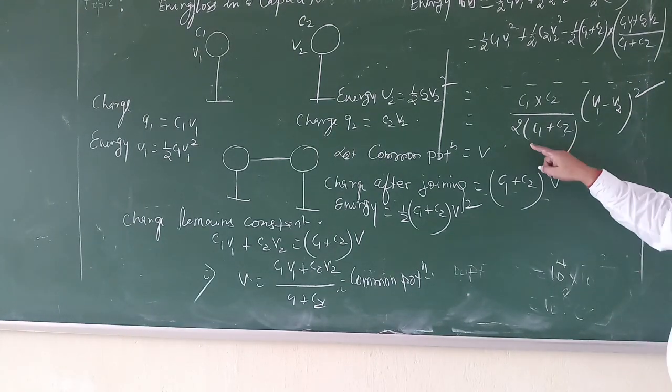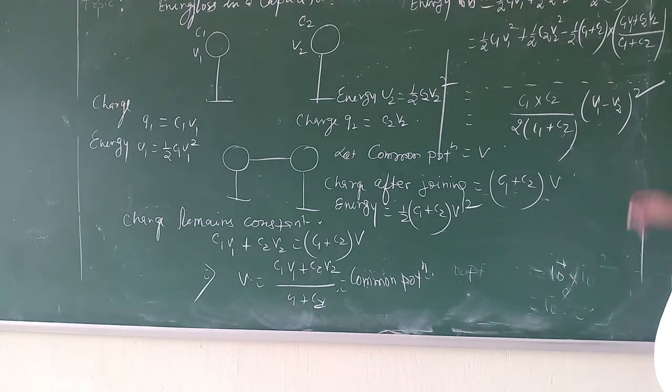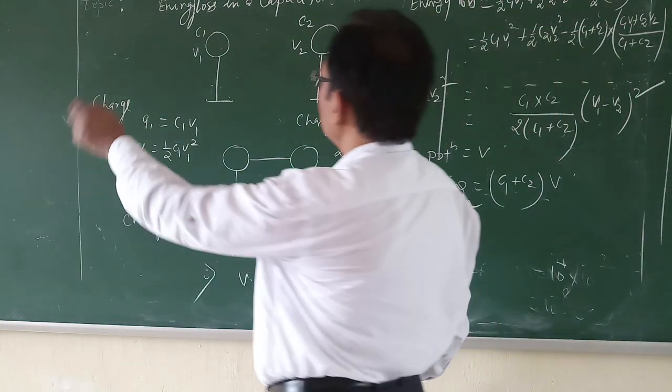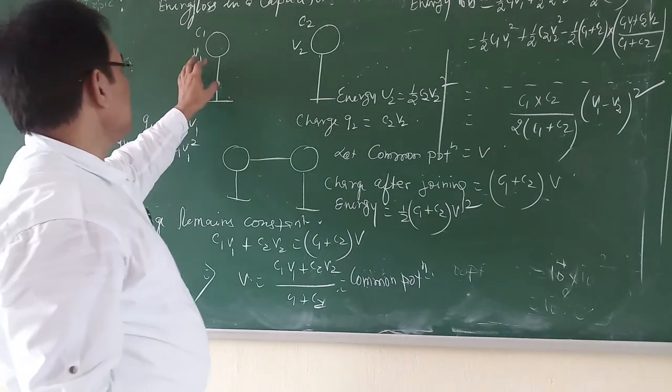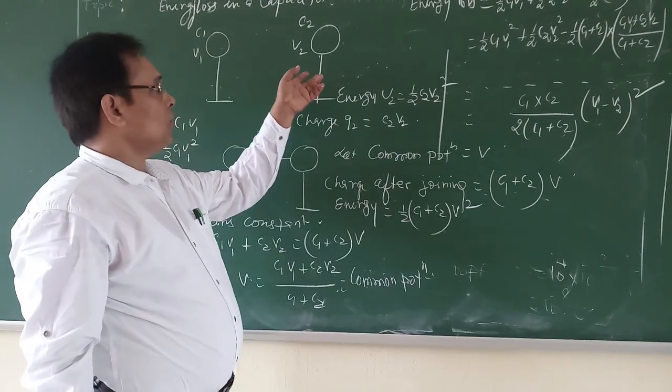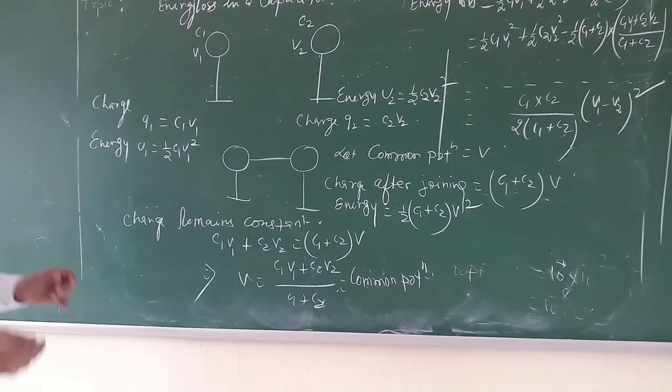So this is the energy loss in a capacitor. Energy loss delta U equal to C1 C2 by 2 into C1 plus C2 into V1 minus V2 whole square, where C1 and C2 are the capacitance of the two capacitors, and V1 and V2 are the potentials of capacitors 1 and 2. So this is the energy loss in a capacitor.